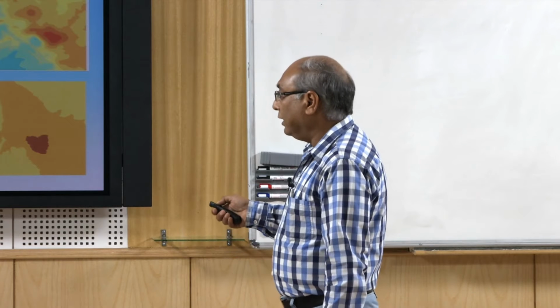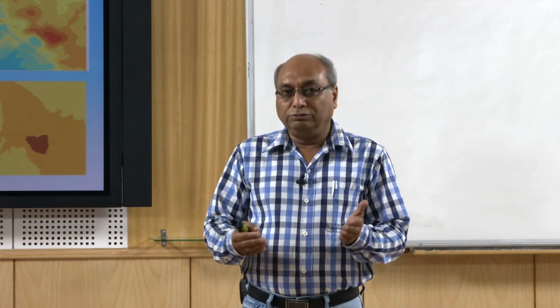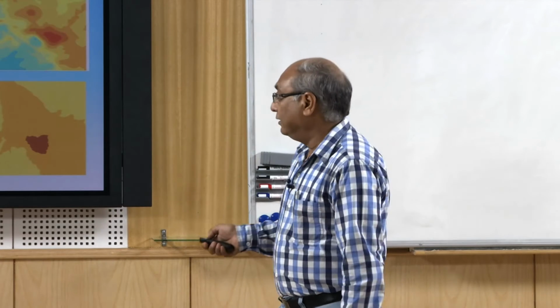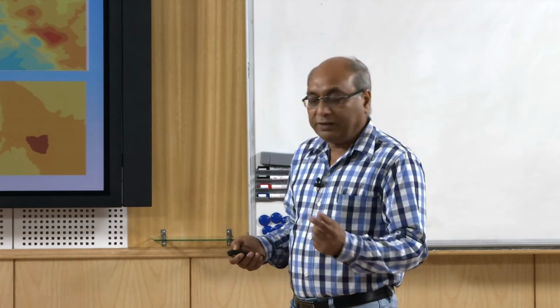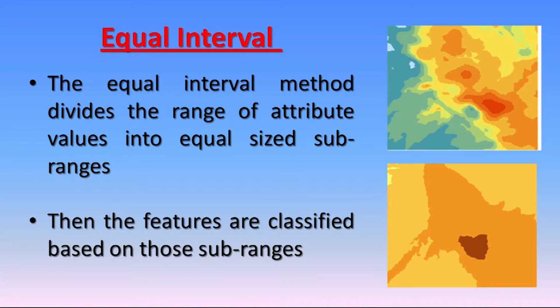As the name implies, equal interval means if you have a loaf of bread and you want to slice it, general practice is each slice has equal thickness. Similarly here, each class has an equal range of values, in this example the cell values. So, the equal interval method divides the range of attribute values into equal size subranges. Then the features are classified based on those subranges.